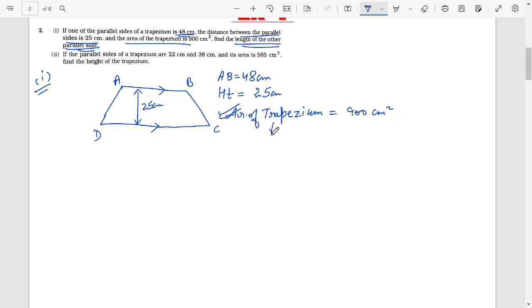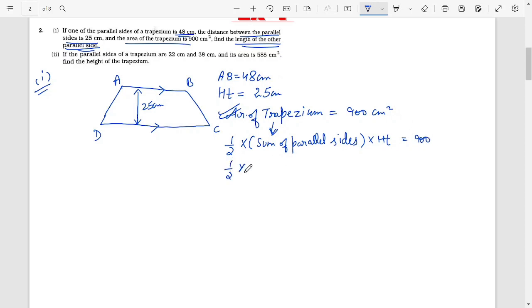Under this area of trapezium, we will write down the formula. Formula for area of trapezium is half into sum of parallel sides, multiply by height. On the right hand side 900 is written, so same 900 I write here also.